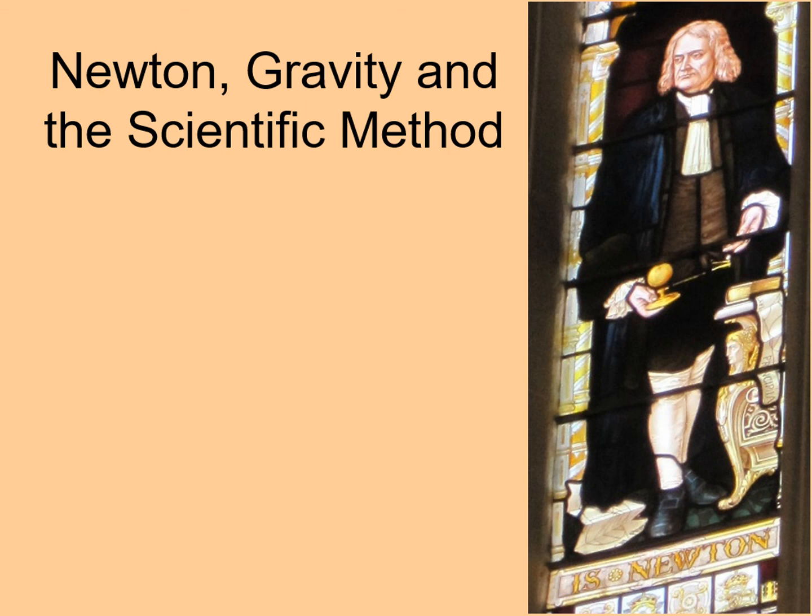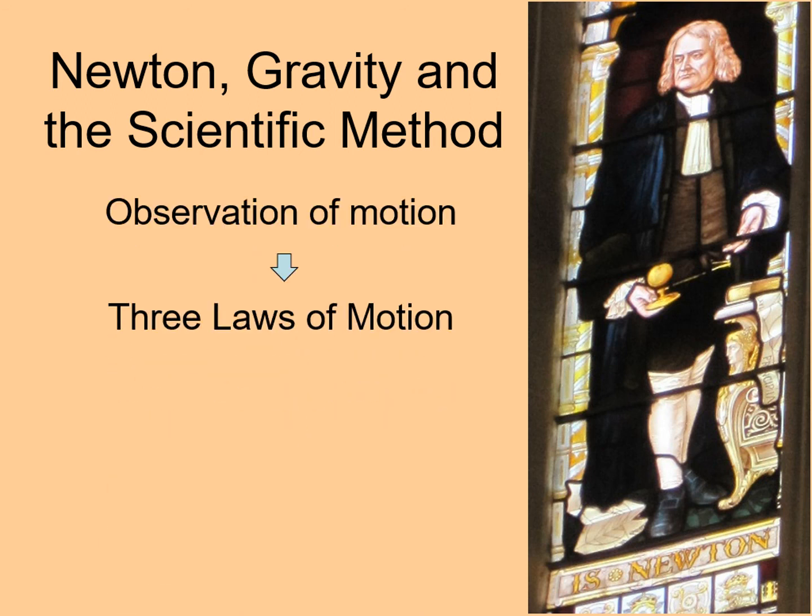There's one last thing about the law of gravity that we want to point out before we go on, and that's a philosophical point about scientific method. Notice how Newton worked. He based his 3 laws of motion on observation of the world around him. He developed his law of gravity by assuming that the laws of motion applied to parts of the universe that were beyond his ability to observe or measure.